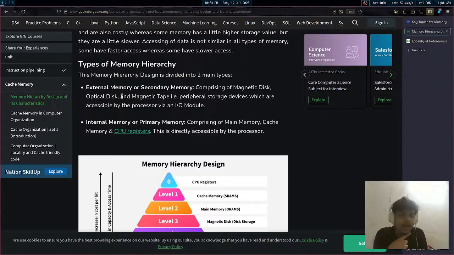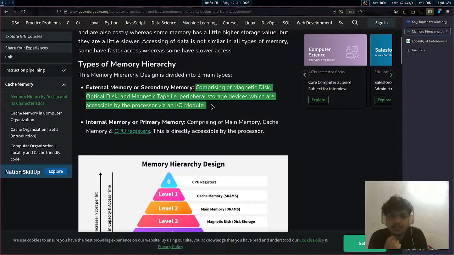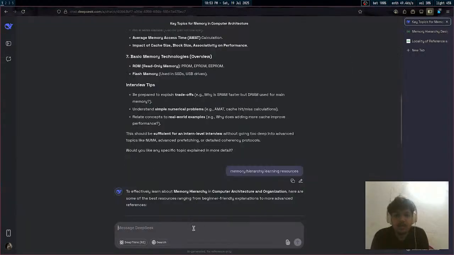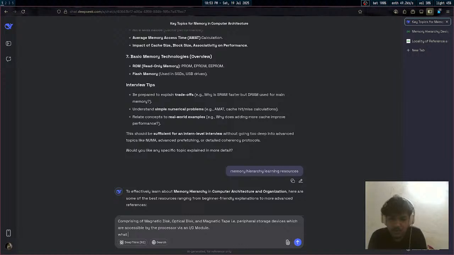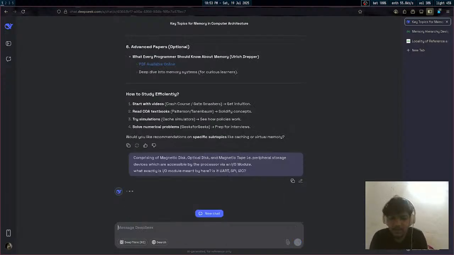Again, let me cross check this once. What exactly is IO module meant by here? Is it UART, SPI, I2C? I think it is USB and all those stuff.